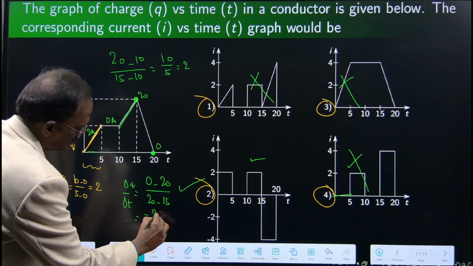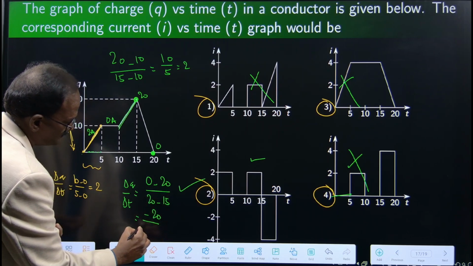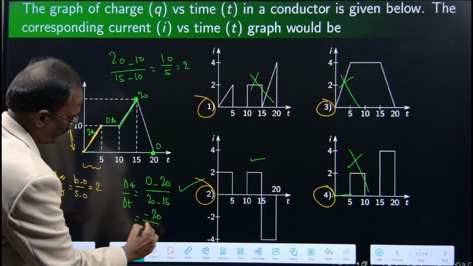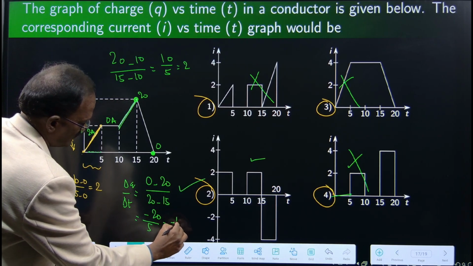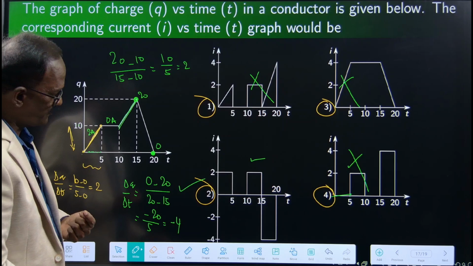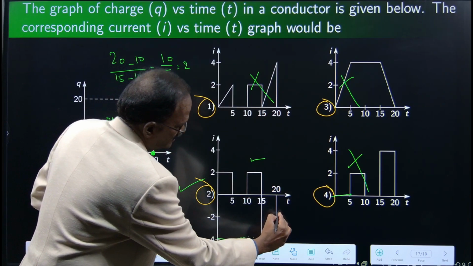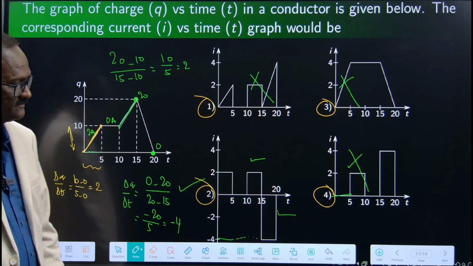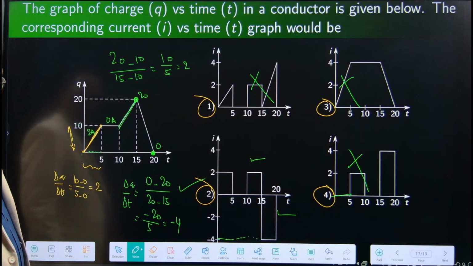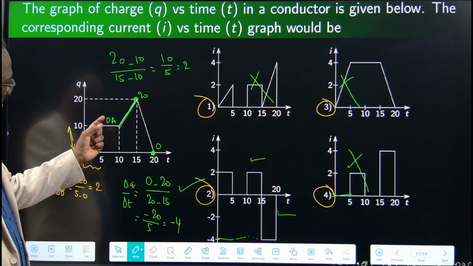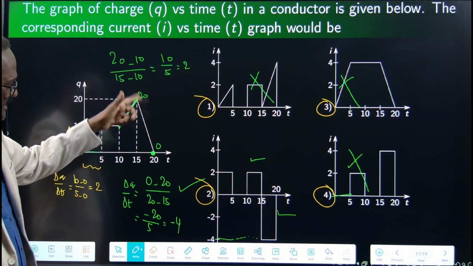So this is minus 20 by 5, minus 4. Yes, this is also matched. So for this slope, it is final minus initial.